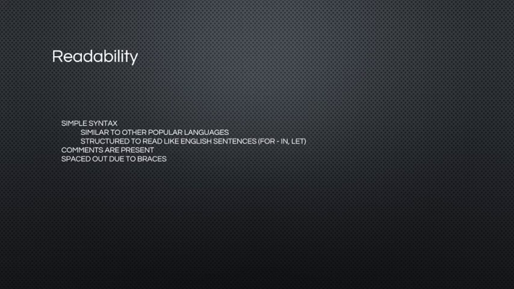Stuff like for in loops and let make the code read like an English sentence. So, I mean, it's designed to be readable. As well, it's similar to other popular languages, which adds to the readability. There are comments, and braces are used heavily in the language, so that all adds to the readability of the language.